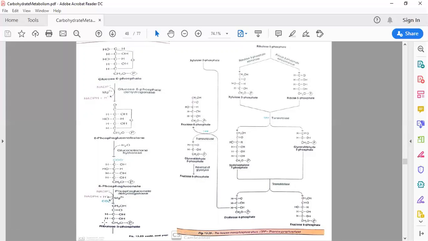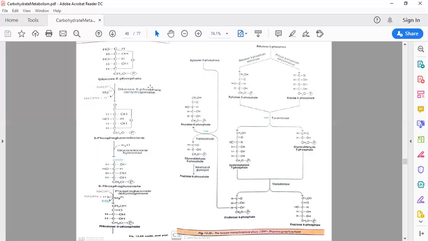So glucose 6 phosphate dehydrogenase regulates the HMP shunt. This oxidative phase is mainly regulated by the enzyme glucose 6 phosphate dehydrogenase. The first reaction catalyzed by glucose 6-phosphate dehydrogenase is most regulatory in the HMP shunt.